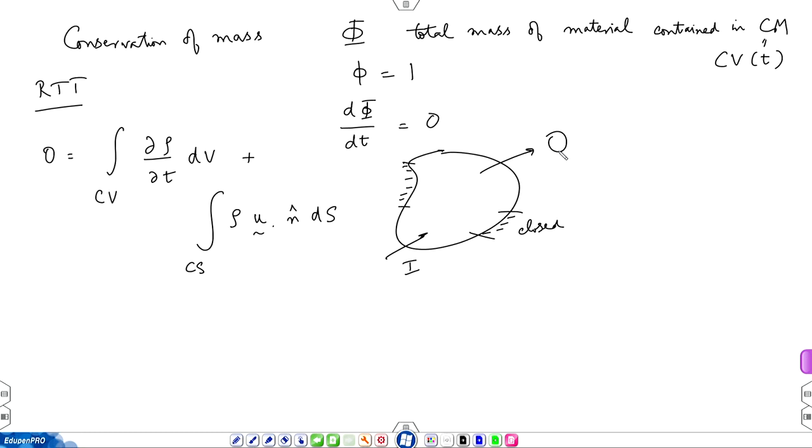Volume flow rate into density is mass flow rate. That will result in changes in density inside the control volume. So, here this term is broadly O minus I, and this is changes in density.